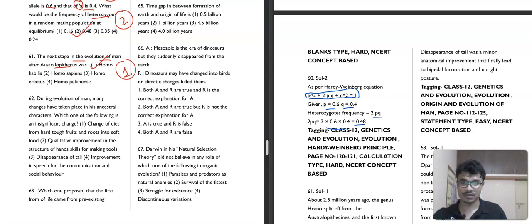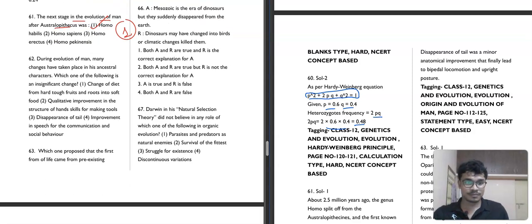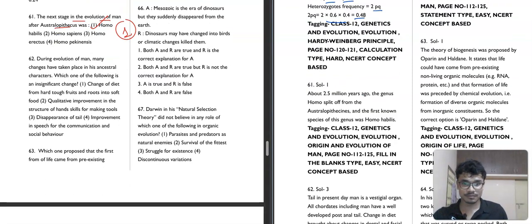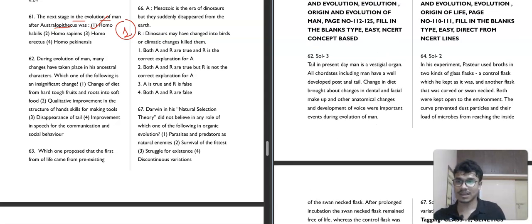Then question number 62. It is saying that during the evolution of man, many changes have taken place in his ancestral characteristics. Which of the following is an insignificant change? Change in diet from hard, tough fruits and roots to soft food. This is a significant change.